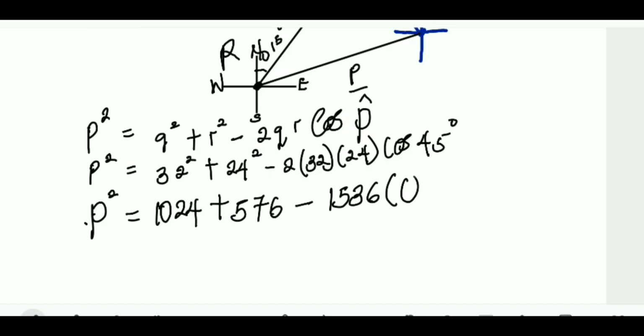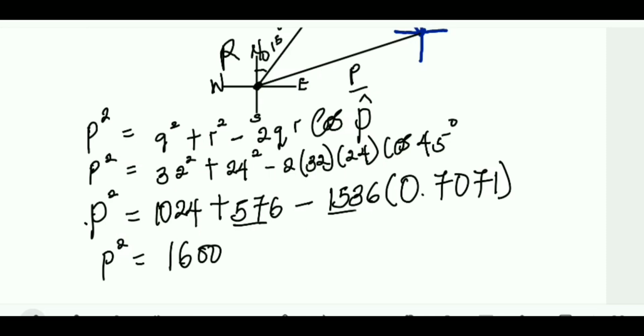Cos 45 is root 2 over 2. In decimal, that will be 0.7071. So here I have P squared equals, be careful here, 1024 plus 576 is 1600. You can't add this and this. Please be careful there, because this represents a product, so you need to get the product first.